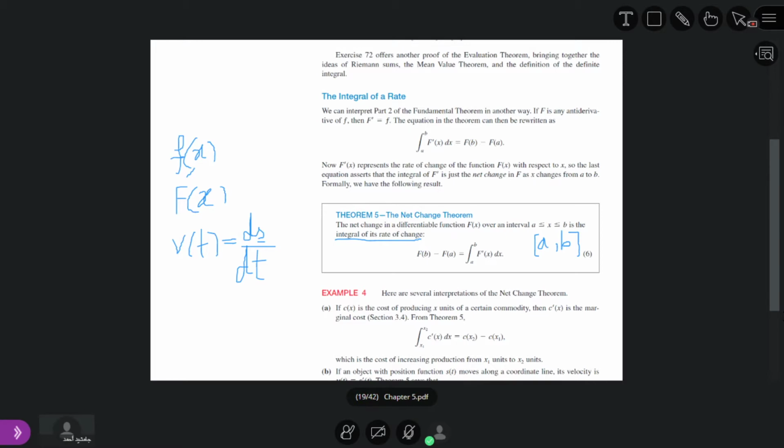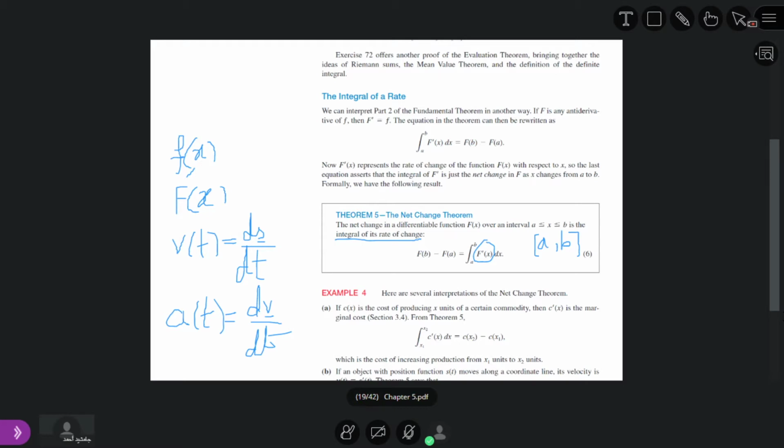Also acceleration is the derivative of the velocity. So this type of function will be here f dash of x. It means these must be differentiable functions.